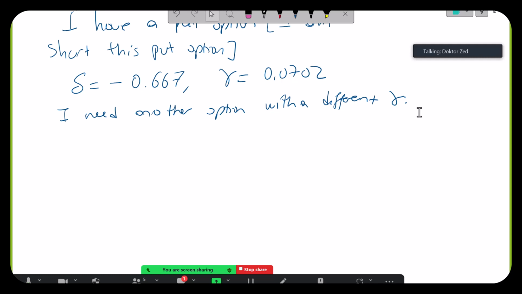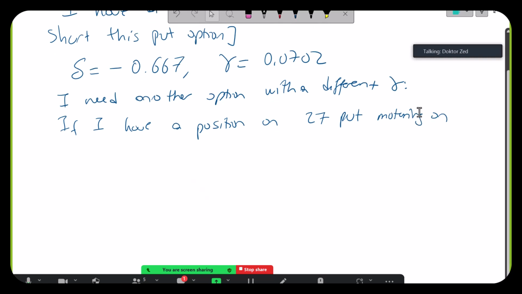So if I have a position on, let's say, $27 puts maturing on 3/29.